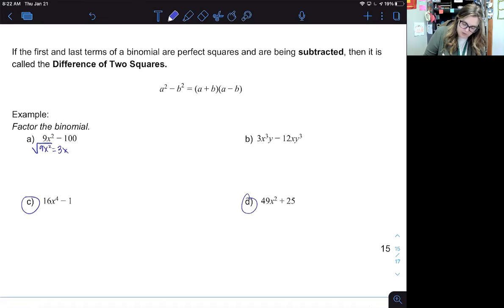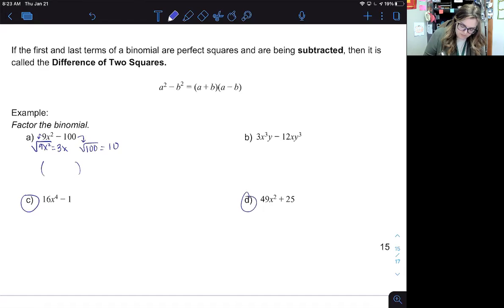And then I'm going to take the square root of the 100. We're going to ignore the negative right now, and we get 10. And then we are subtracting, so that's good. So we can jump straight to our answer. We have two binomials, 3x plus 10 and 3x minus 10.